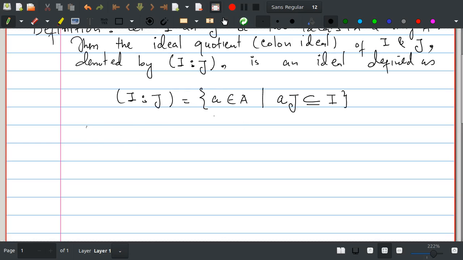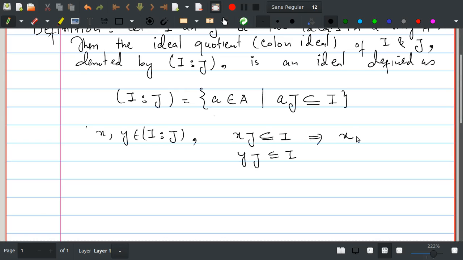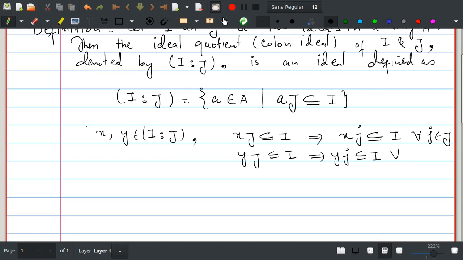Suppose we have two elements, say x and y, in I colon J. Then to prove their sum is in I colon J: x and y being elements of this colon ideal means x times J is contained in I, and y times J is contained in I. Now x times J is contained in I implies x times this little j is contained in I for all little j in J. Similarly, this implies y times j is contained in I for all j in J.